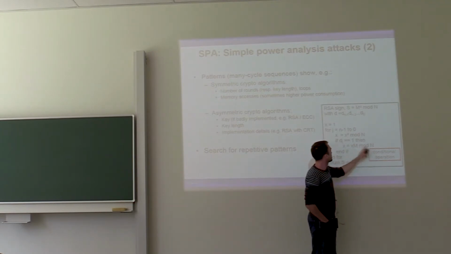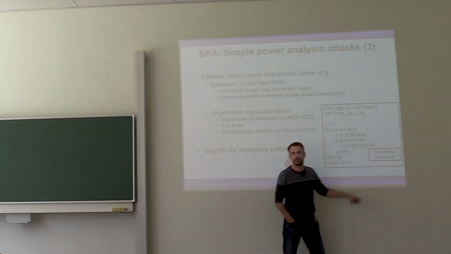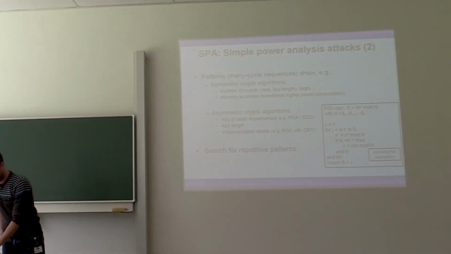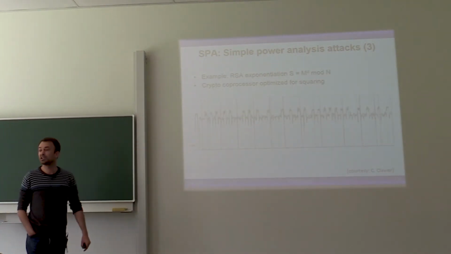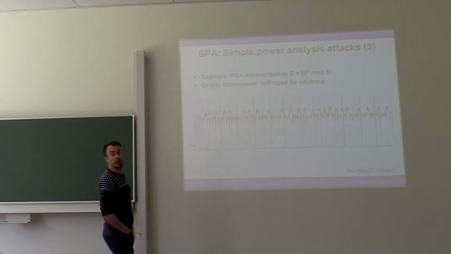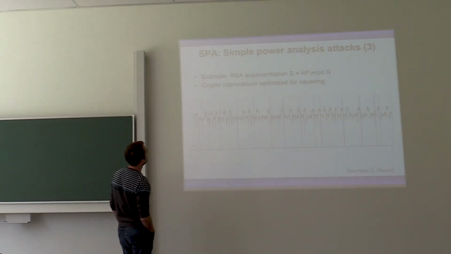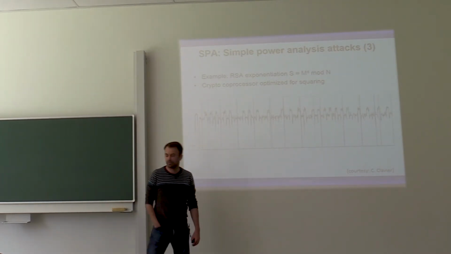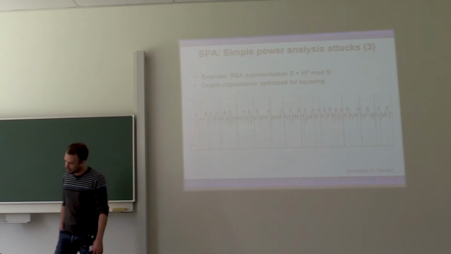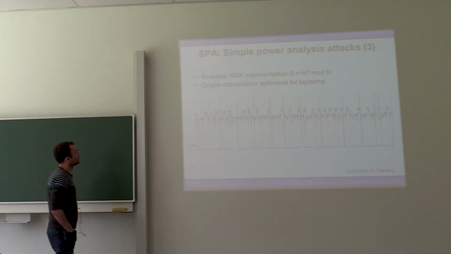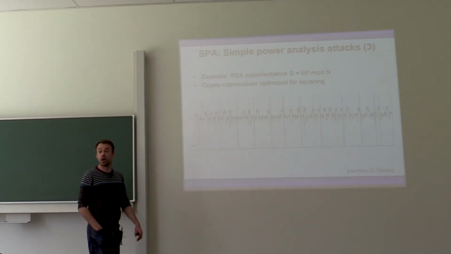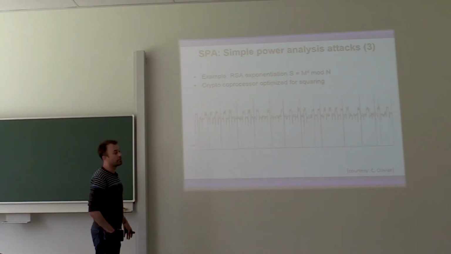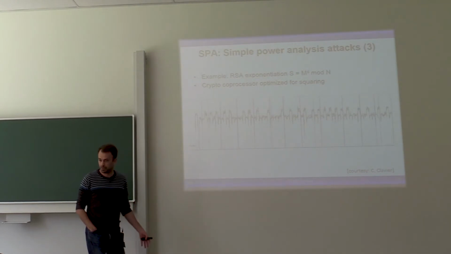So there's this conditional operation depending on the value of the key bit, and that's what breaks our neck. I hope that you can see well enough despite the sun. This is a measurement of some device that has a coprocessor for computing RSA signatures, and the coprocessor has been optimized for the squaring operation, in the sense that the squaring operation is the one that consumes less power.